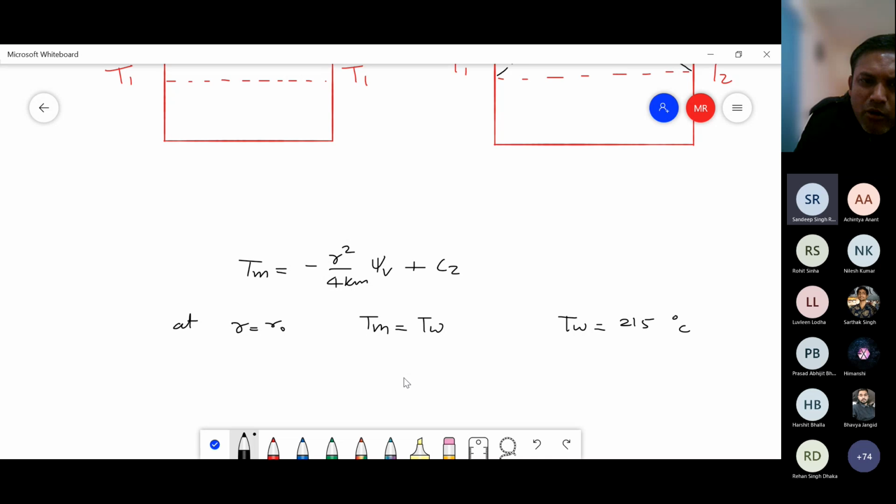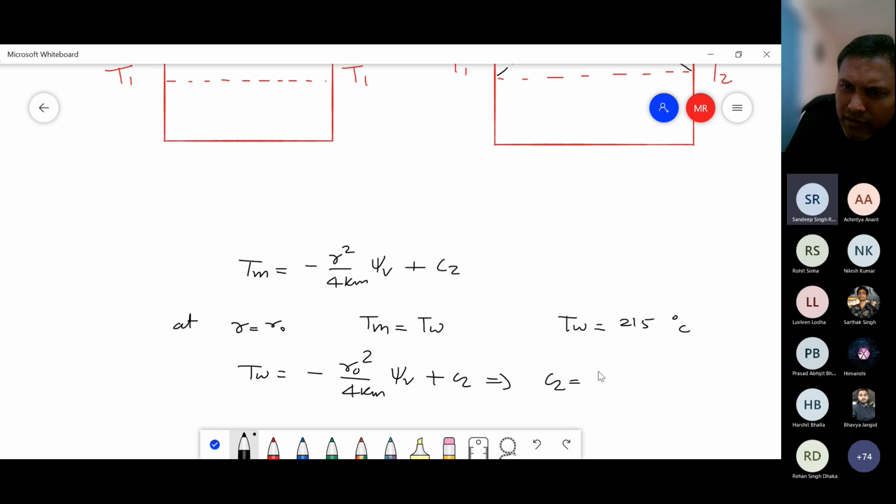So we apply this boundary condition, what we get is Tw equals r naught square by 4 km psi v plus C2. From this, C2 is obtained as Tw plus r naught square by 4 km psi v, isn't it?